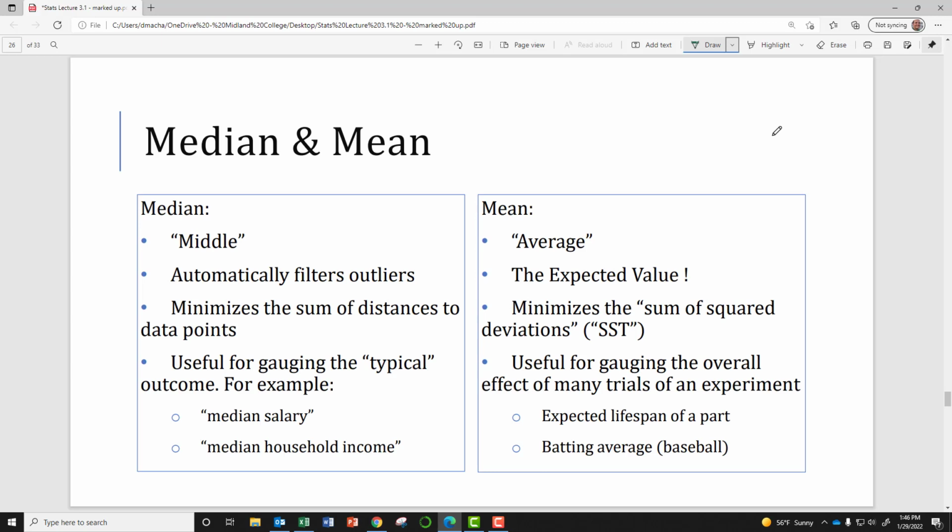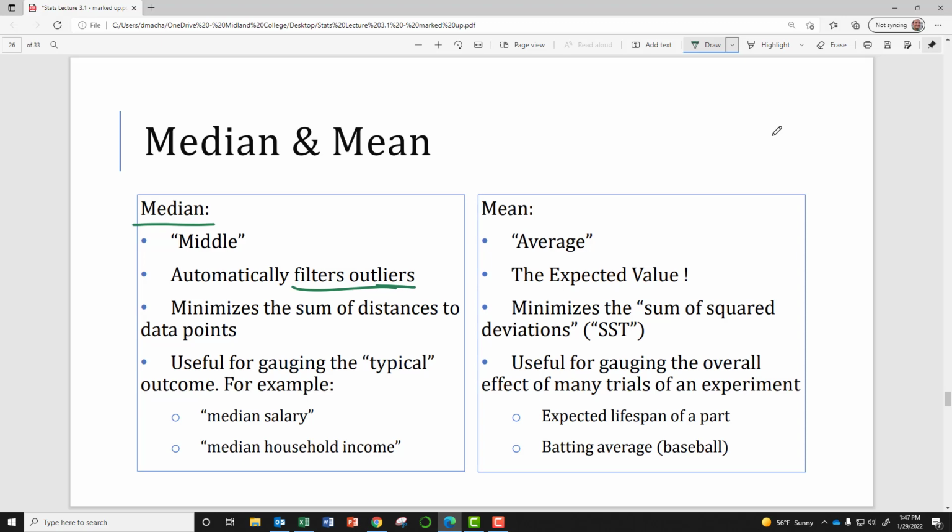Just to compare and contrast median and mean. Median means middle, mean means average. Median is a nice measure of central tendency because the median automatically filters out outliers. Notice the way we calculated the median is we just crossed off the least data point and then the greatest data point and continued like that.